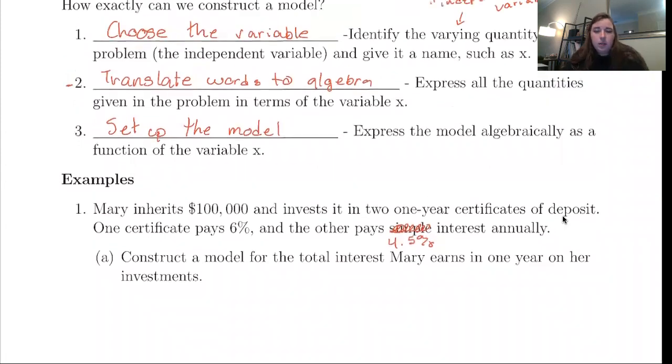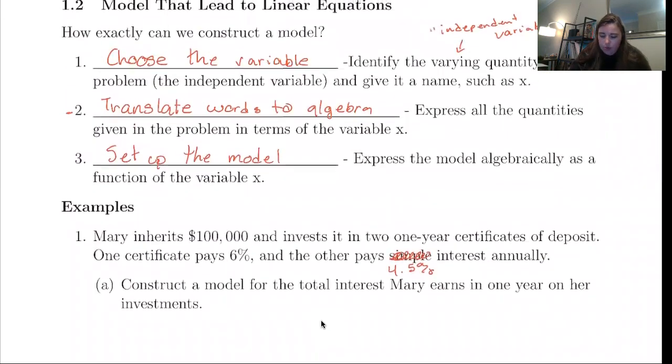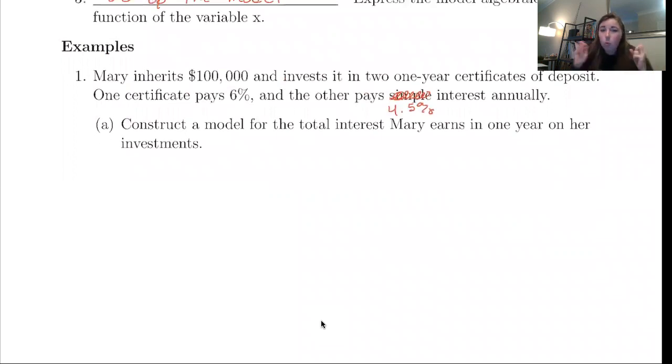This does take a little, there's not like, oh, you do this, this, this, other than the kind of vague steps we're given, right? So how I also like to start out, before I choose a variable, is to make a word equation. So she inherits, invests, blah, blah, blah. So let's call all of her money M or something, right?